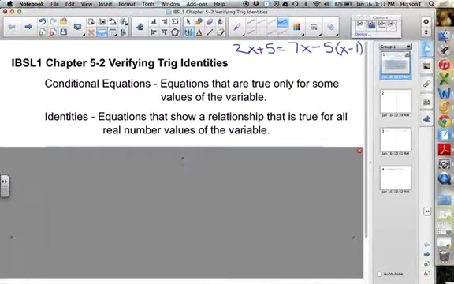If you were given that equation and asked to solve it, probably the first thing that you would do would be to simplify the right-hand side. You get 7x minus 5x plus 5. I was going to say it didn't work. And then simplify it, you get 2x plus 5 equals 2x plus 5.